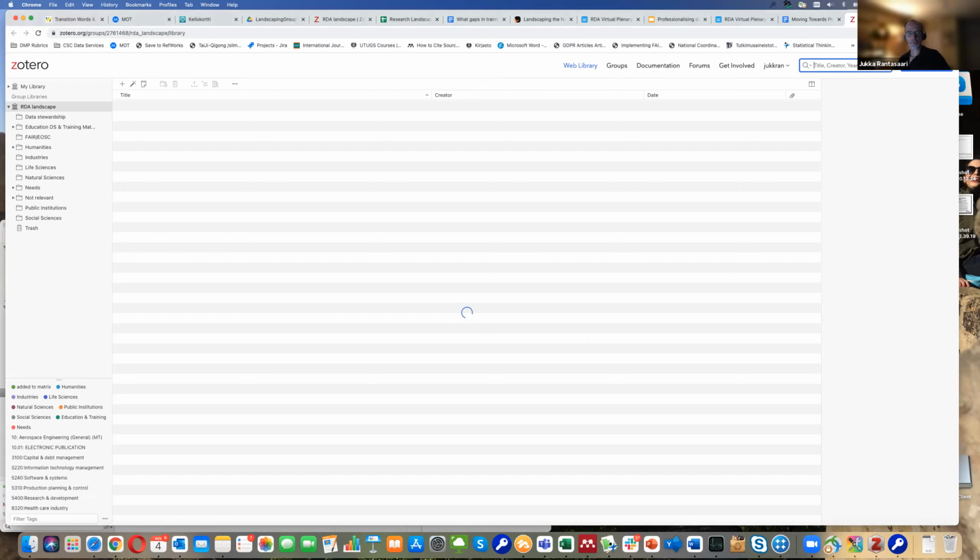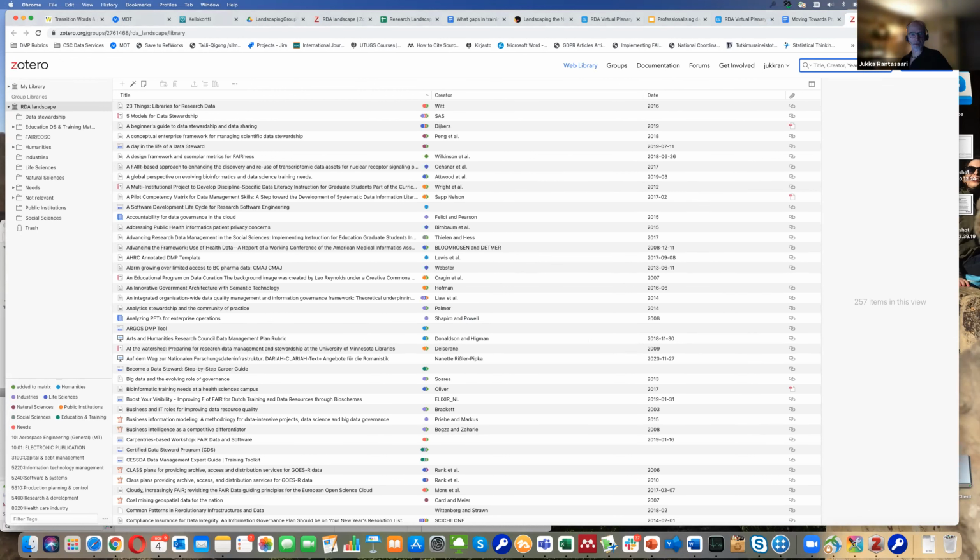So first I will open the Zotero library where we began the work. We collected sources in this library, and the number of the sources we collected was 257 items categorized in folders. We can see them on the left hand here.